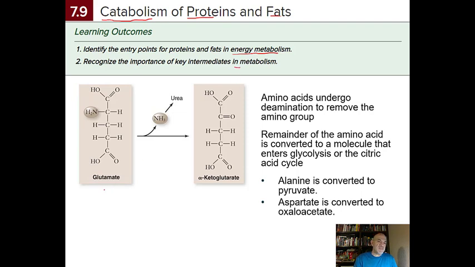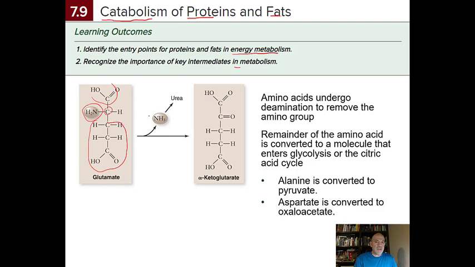So here you have an amino acid called glutamate. And amino acids, remember, have a central carbon, an amino group, a carboxyl group, and then an R group, a side chain. The key to entering the metabolic pathways for generating ATP is to remove the amino group. It's called deamination.